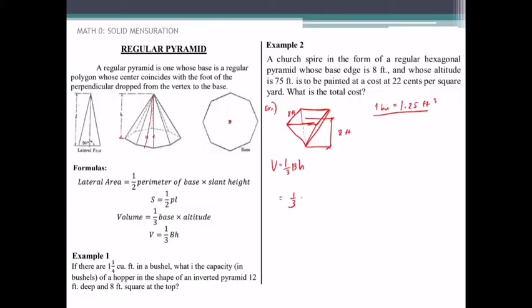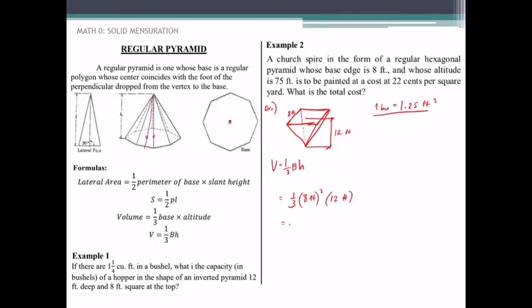So 1/3, our base is 8 feet, and then since it is a square, then 8 times 8. And our height, 12 feet ang depth niya. So that will be considered as the height of the pyramid.